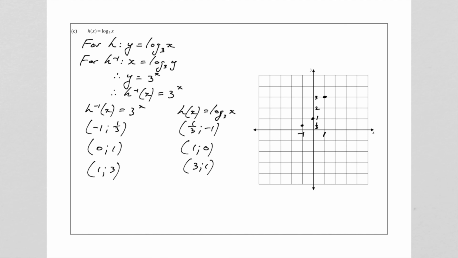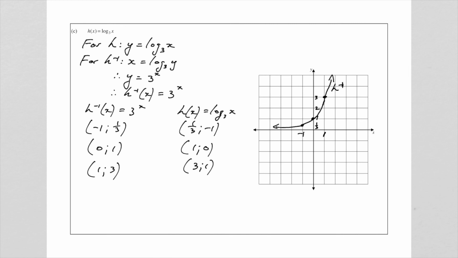So you can clearly see where this graph will go. And this is our exponential one, which is the inverse in this particular problem. And that graph will go right there. So let's just quickly draw that graph. So there you can see the graph of the inverse, that is the exponential function. So let's just name it, and this is the inverse of h.